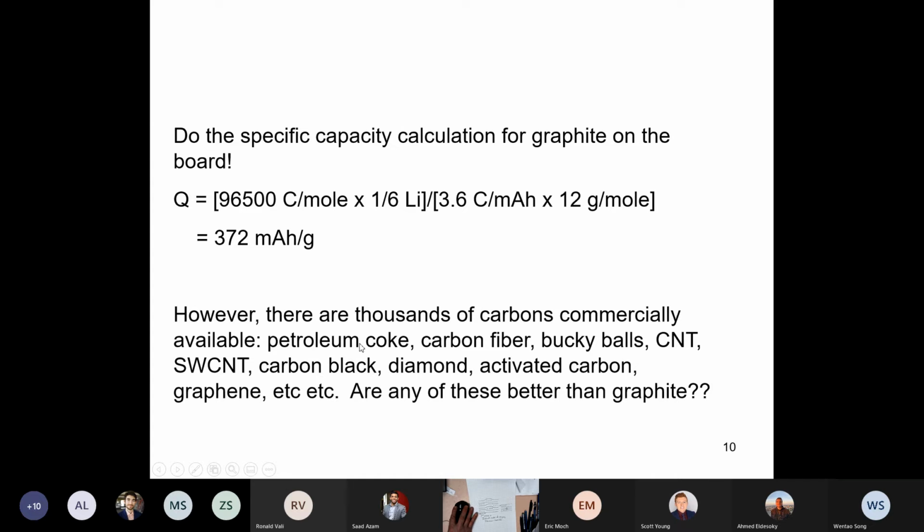You can make artificial graphite from tar, from coal pitch, from petroleum pitch, from needle coke, all kinds of stuff. So in those days, the question was, what is in fact the best? Are any of these better than graphite?